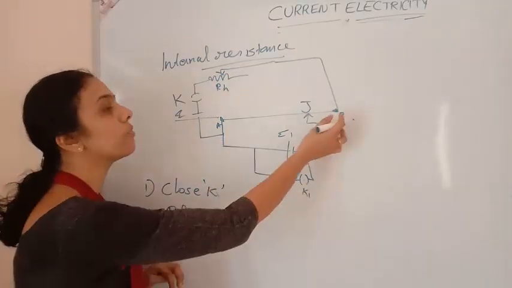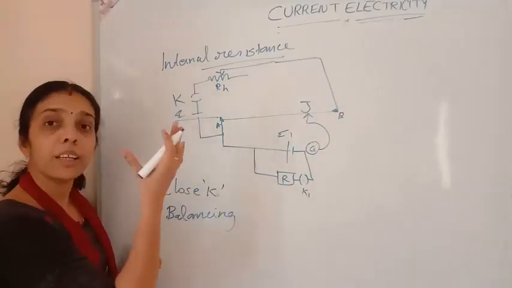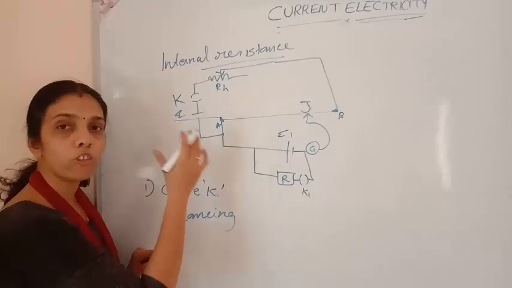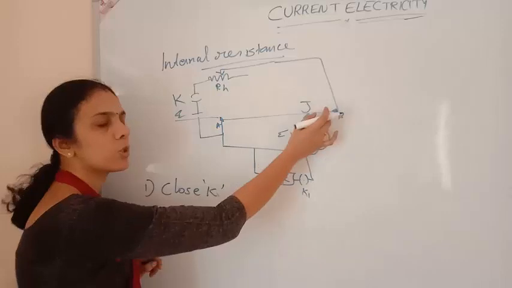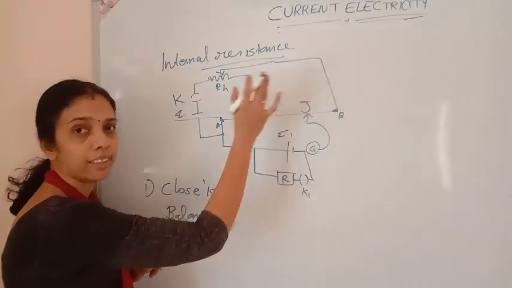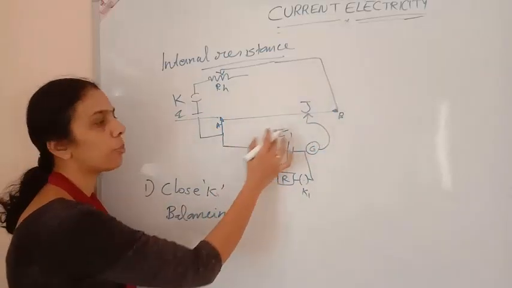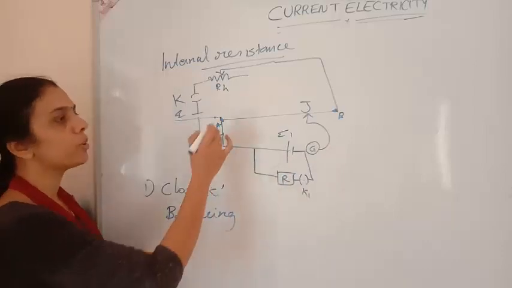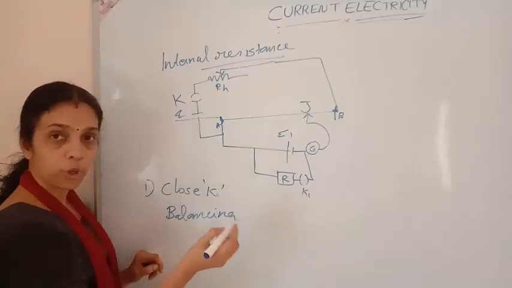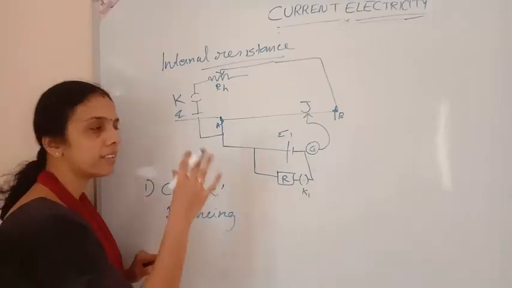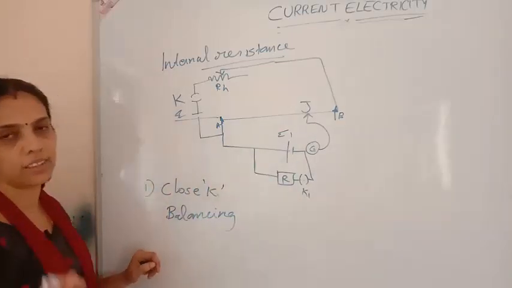What is the use of that? Why are we doing so? Because the fall of potential across the potentiometer wire should always be greater than the potential drop in the external circuit.